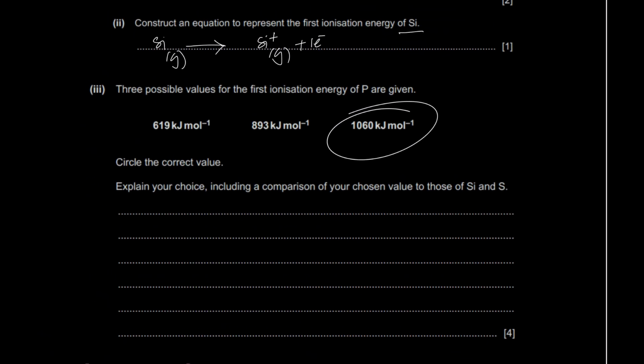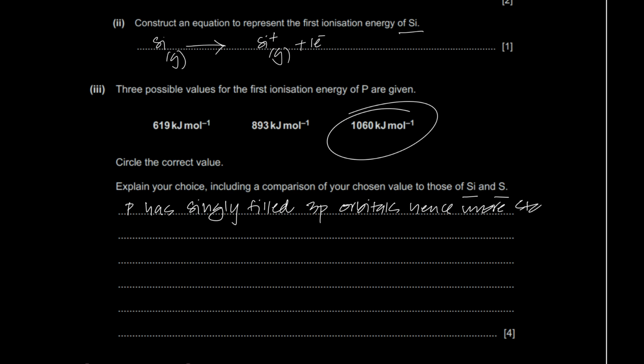Explain your choice including a comparison of your chosen value to those of silicon and sulfur. So why did I choose this? Because phosphorus first of all has singly filled 3p orbitals, hence more stable.